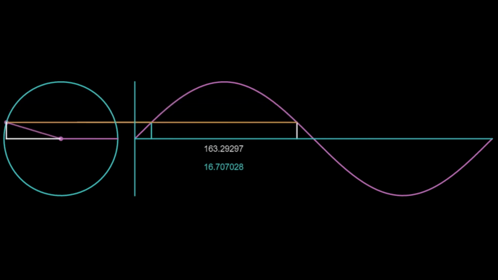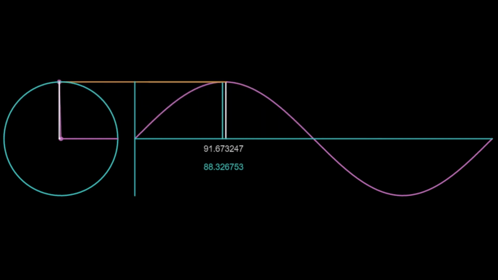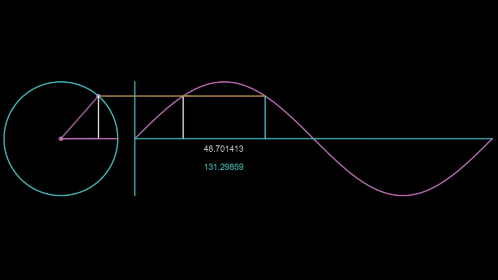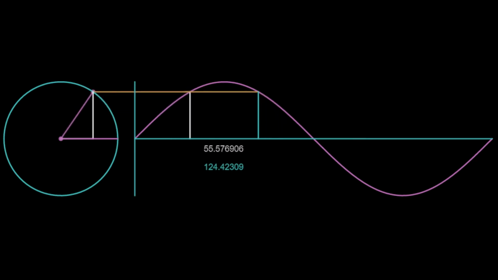So we can generate a nice little trigonometric identity for these sets of angles. So we can say that the sine of theta is equal to the sine of 180 minus theta.